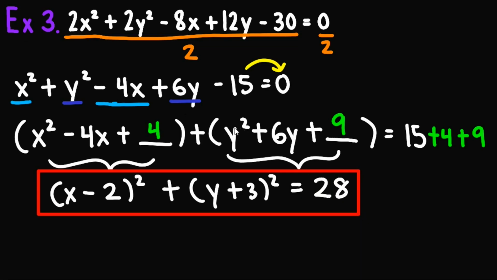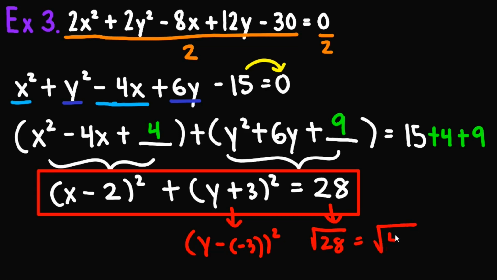And if you want to obtain the center and the radius, take note that we can write this part here as y minus negative 3 squared. And for the 28 here, take note that the square root of 28 is equal to the square root of 4 times 7, or 2 square root of 7.